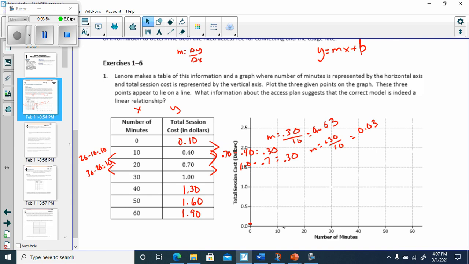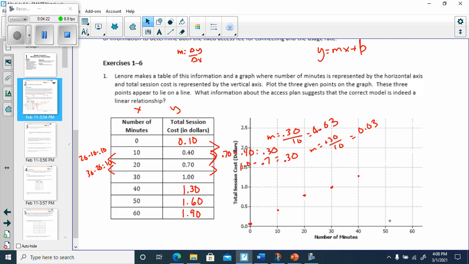At 10 minutes is 40 cents. That'd be just a little bit below the 50. At 20 minutes, it would be 70 cents, right in here between 0.5 and 1. 30 is $1. 40 is $1.30, a little bit above that.